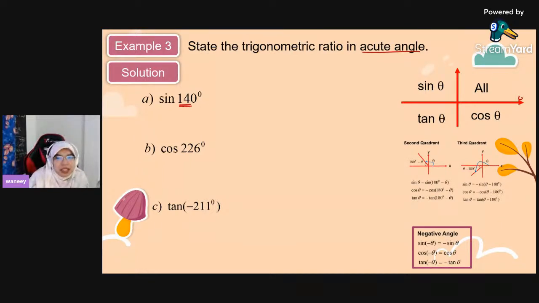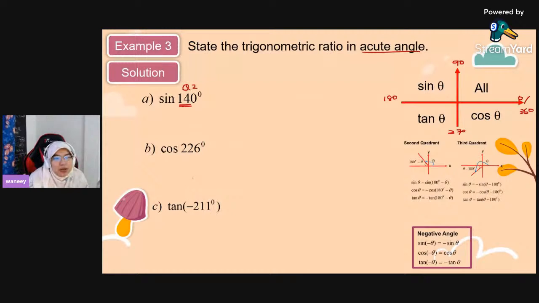So this is 0, this is 90, then we have 180, 270, and then this one over here, 360. So where is 140? 140 is somewhere in between 90 and 180. So they are in the second quadrant.